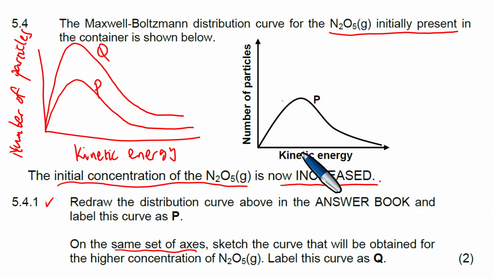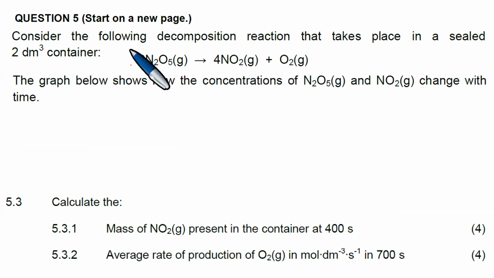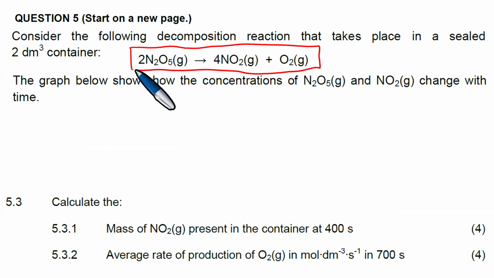All right. The equation. Remember, this is the equation. The equation is that 2 times N2O5 gives 4 times NO2 plus oxygen.